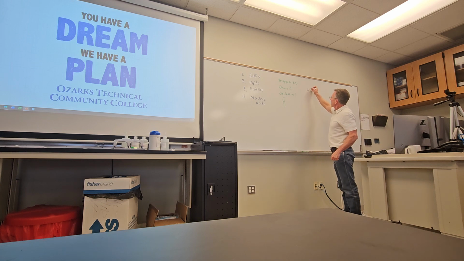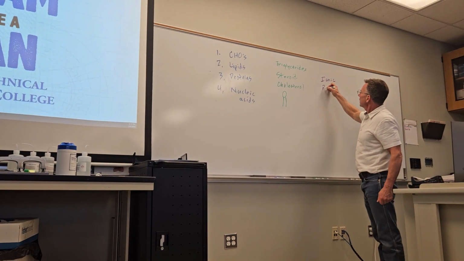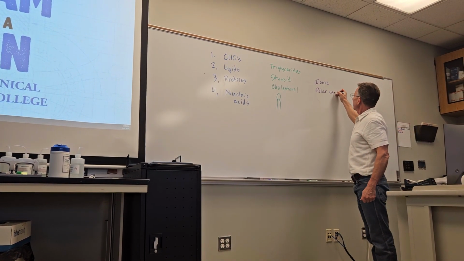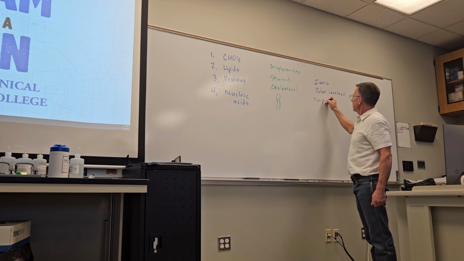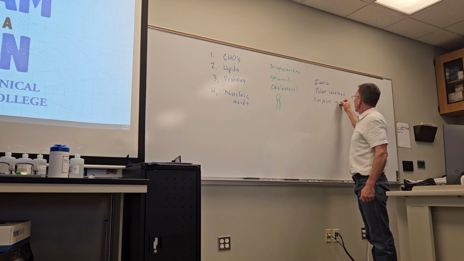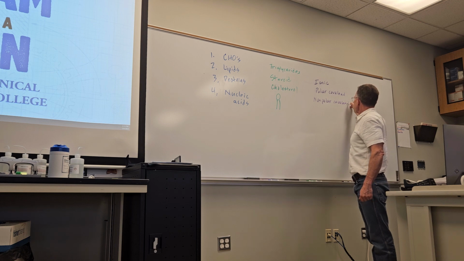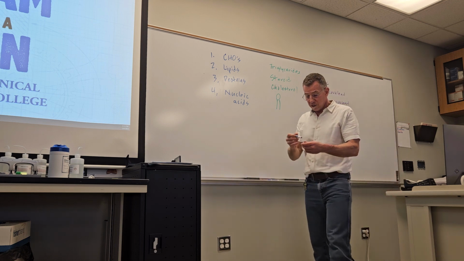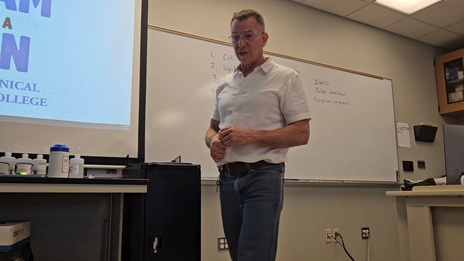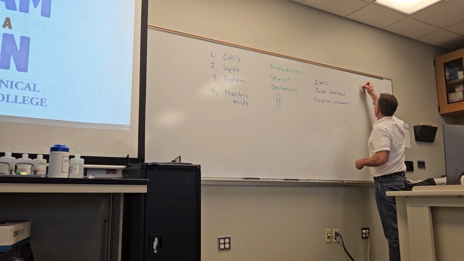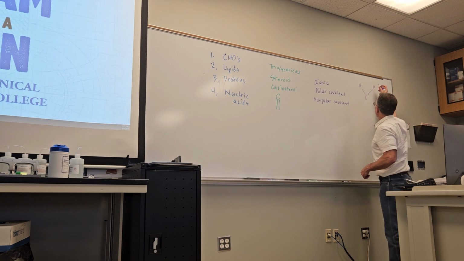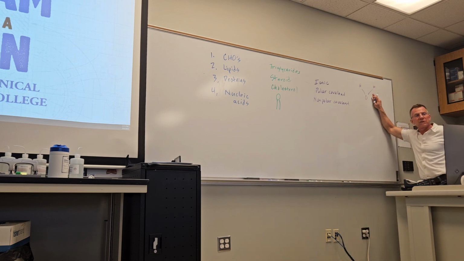So we talked about ionic, polar covalent, and non-polar covalent. Because water is the primary solvent in the human body, if you were to analyze a water molecule, what kind of bonds are these?